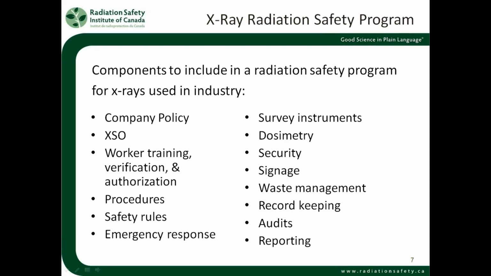Depending on the type of system you use, you might have a little or a lot in each section, but this is a good set of things to consider including inside a radiation safety program for the use of X-rays in industry.